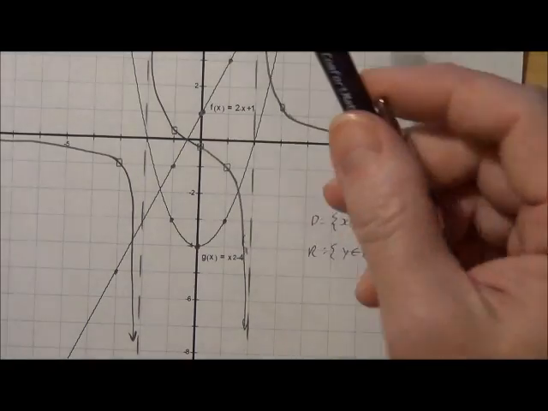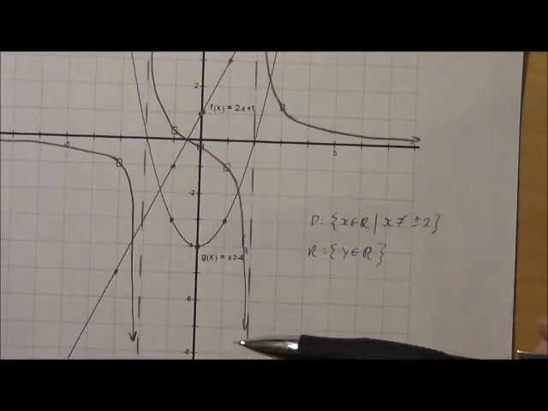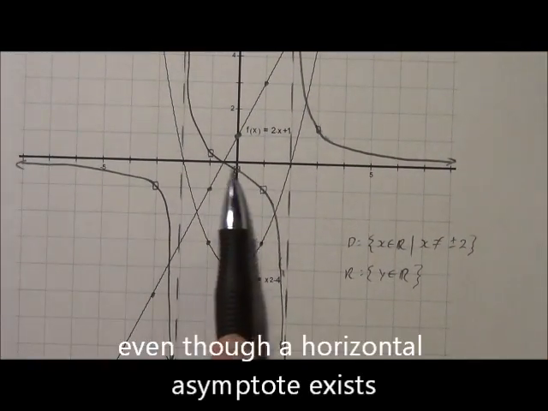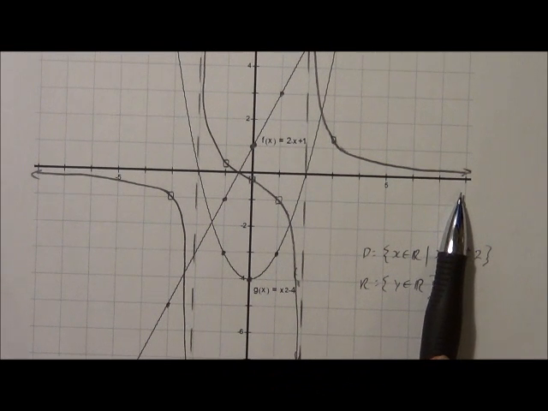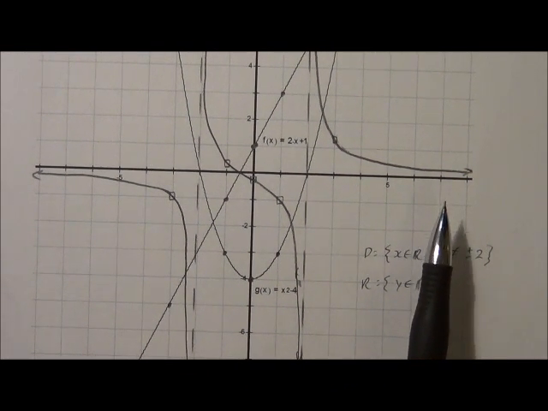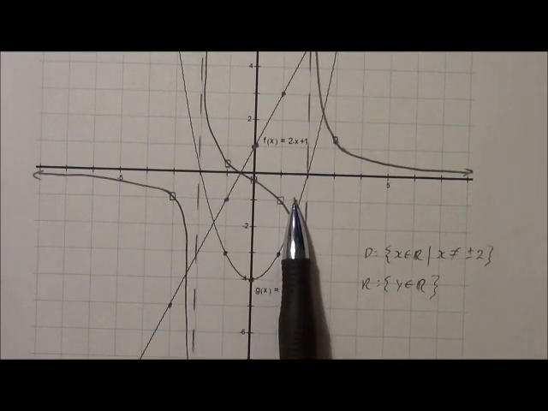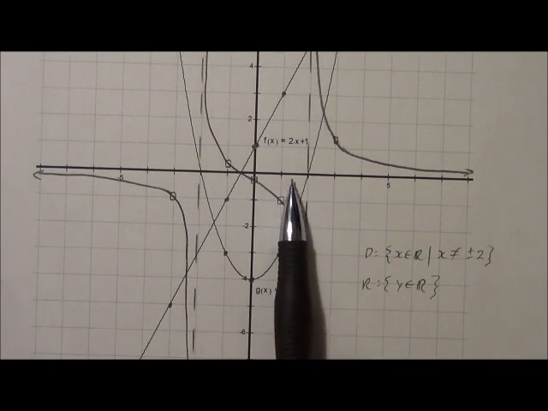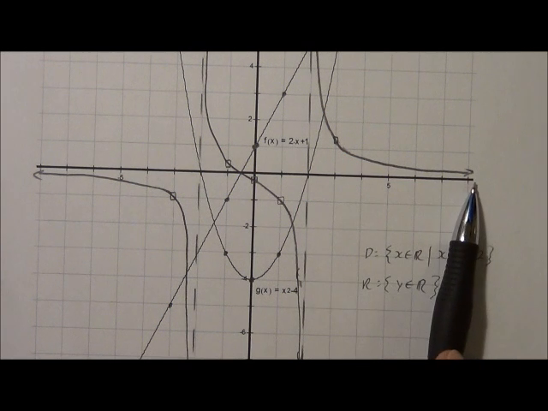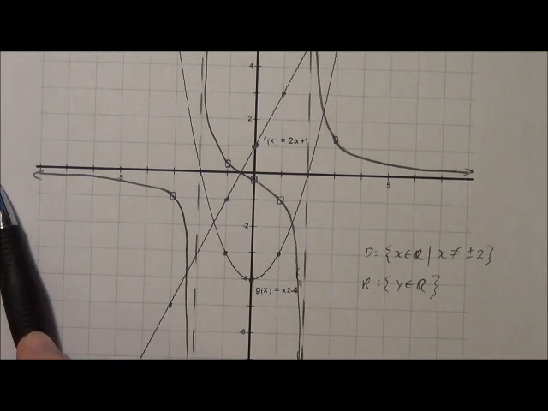even though the horizontal asymptote, like I've stressed before, does not affect anything of the graph near the origin, but rather when x gets really, really big, either positive or negative.